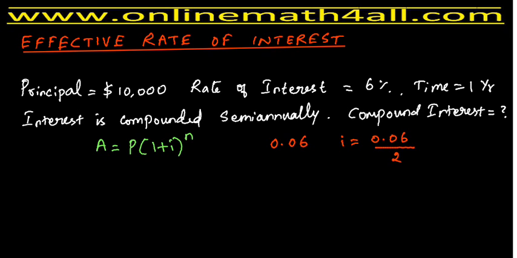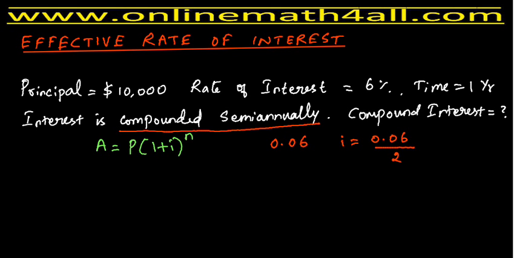So now the students may have confusion why we divide by 2. See the point, it is clearly given that interest is compounded semi-annually. Semi-annually means the number of conversion period for 1 year is equal to 2. Because semi-annually means we will have two 6 months in 1 year, so we divide 0.06 by 2.